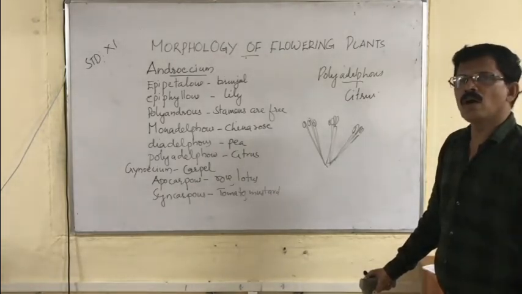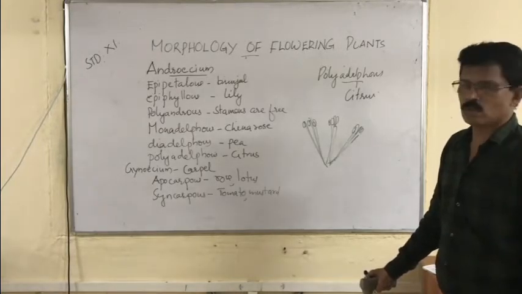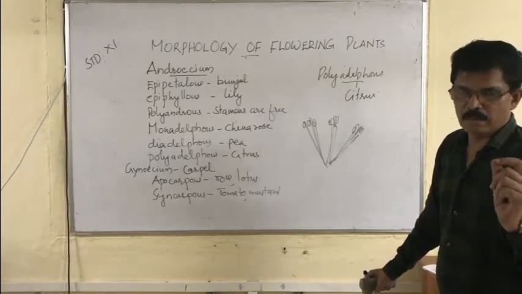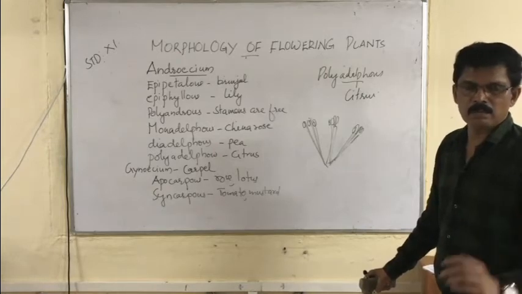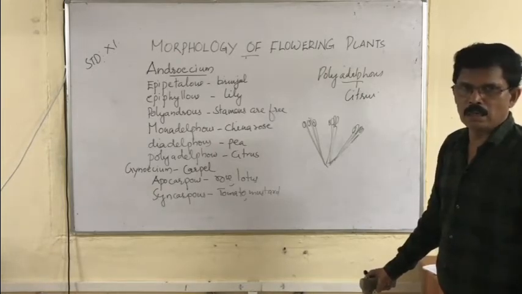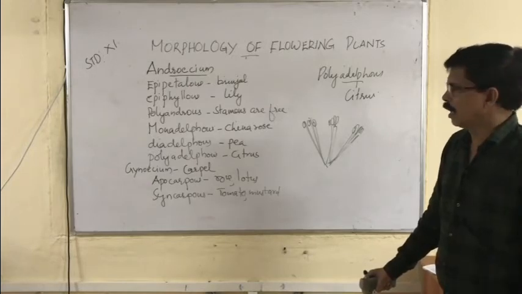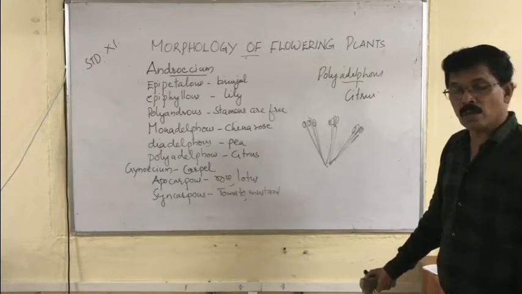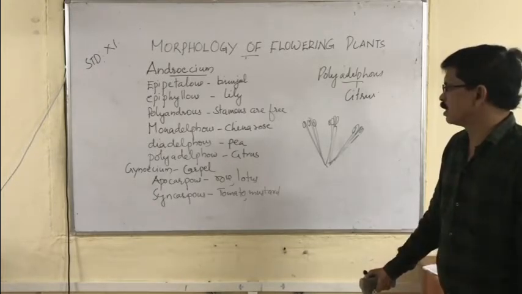Monadelphous: all the stamens together form a single bundle, as in China rose. Diadelphous: stamens are seen in two bundles, with one or more in each bundle. Polyadelphous: three or more bundles of stamens, as you see in citrus.